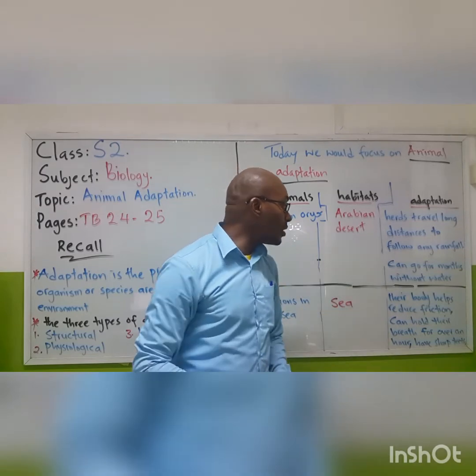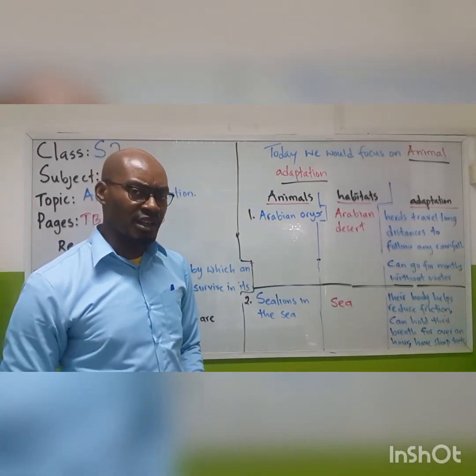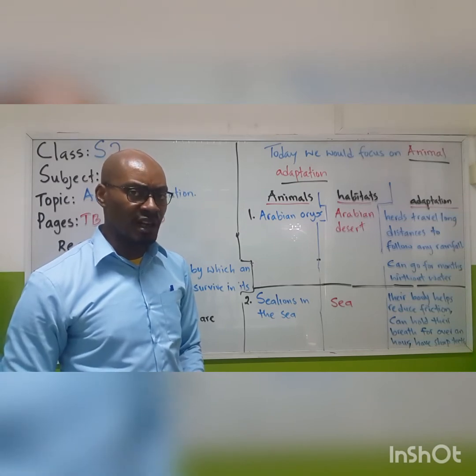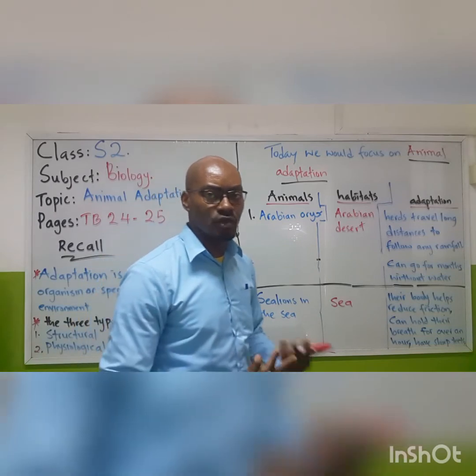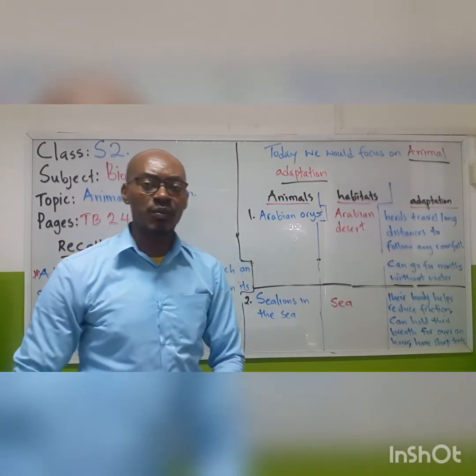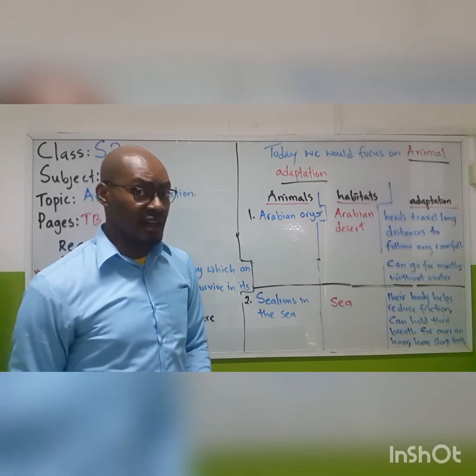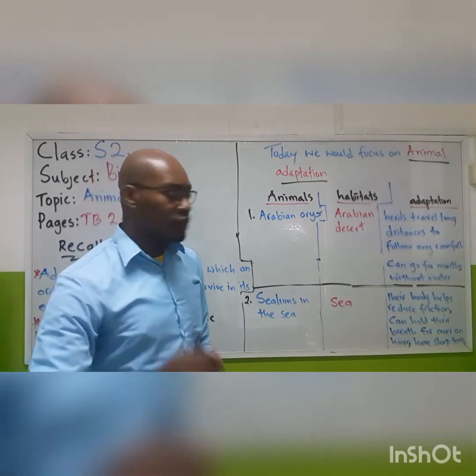It can travel long distances to follow any rainfall. Now this kind of adaptation we call behavioral type of adaptation because it has customs, it has known about its environment, and it's able to know and track when they will have next rainfall. Remember, in the deserts, it's very difficult to get water.